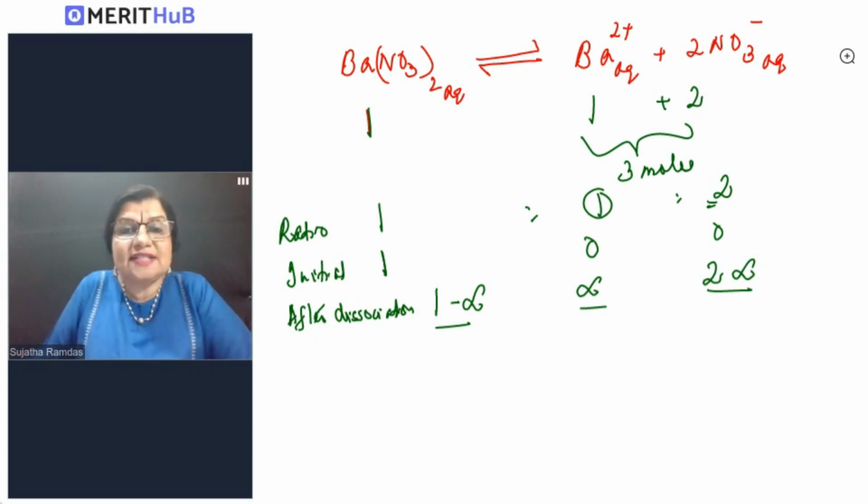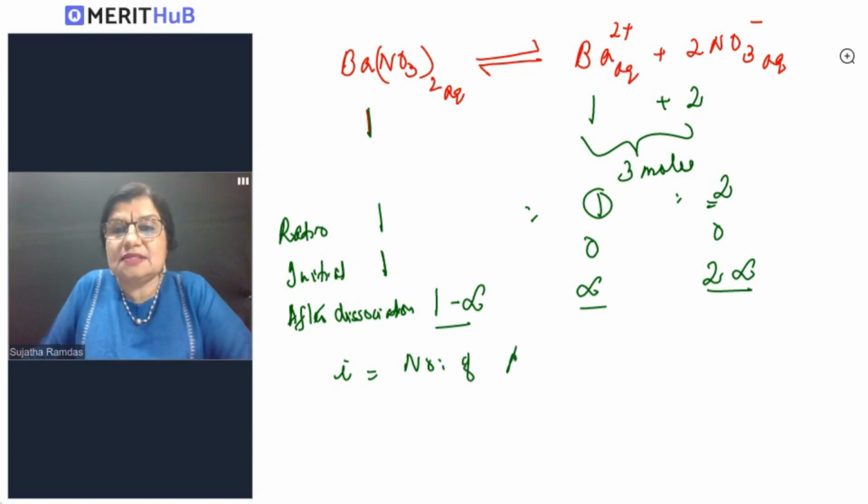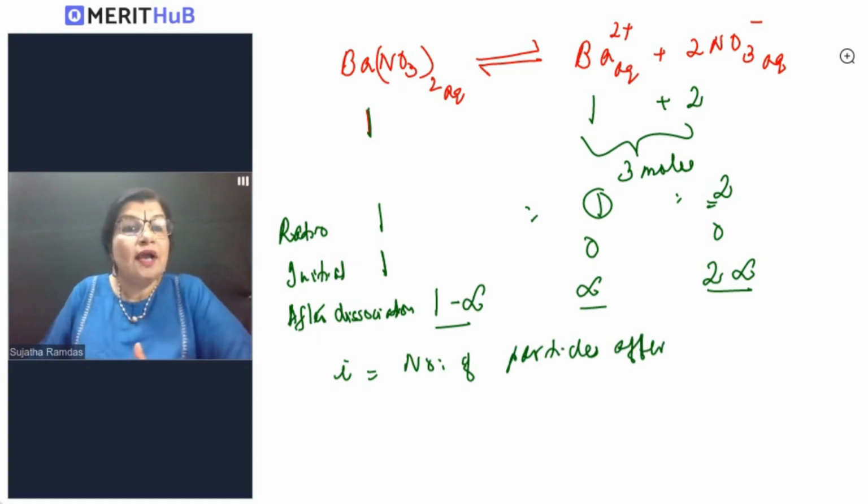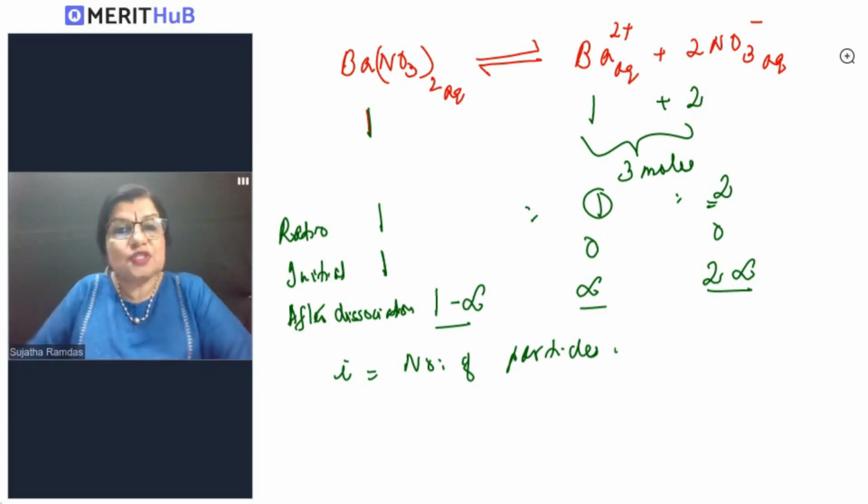Correct? So now let's write down the Van 't Hoff factor i is equal to. There are so many formulae for Van 't Hoff's factor. One of the formulae with respect to number of particles would be number of particles after dissociation. You know that covalent compounds, like for example benzoic acid, undergo association. Ionic compounds normally undergo dissociation.